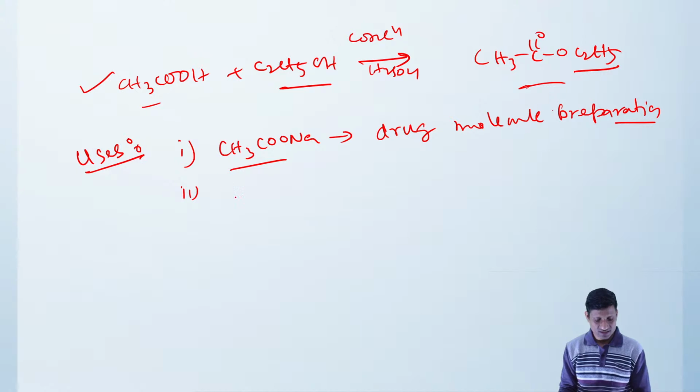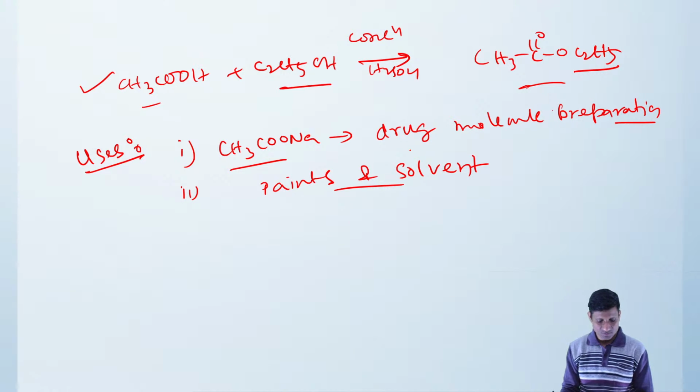Apart from that, this is also used in paints and in medicine. Basically paints and solvent. This is a solvent. These are the most frequently used. Another important use is for pickle preservation.